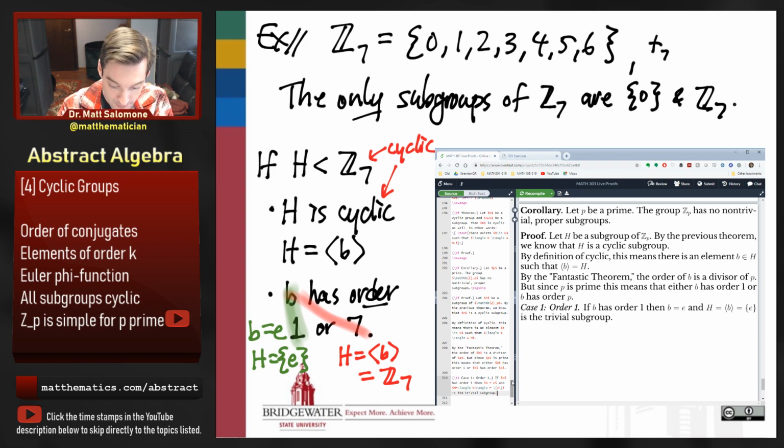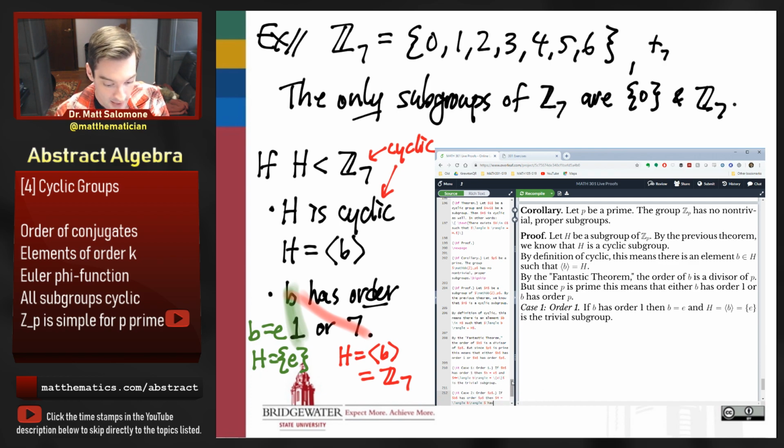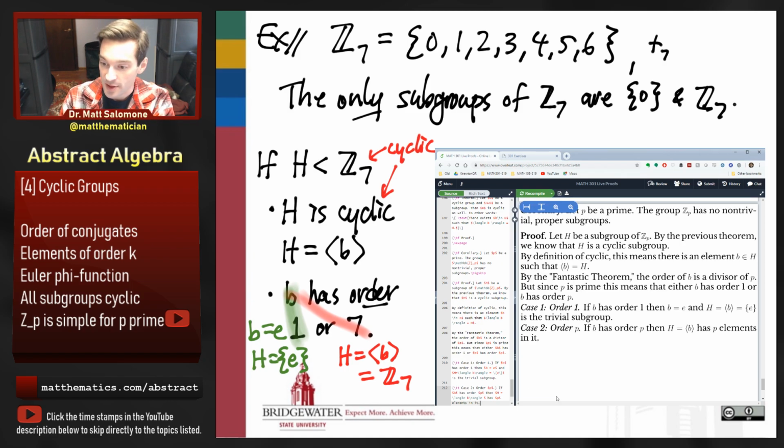Case 2, order P. If B has order P, then H, which is the cyclic subgroup generated by B, has P elements in it, right? So B is going to generate a subgroup that has P elements in it.